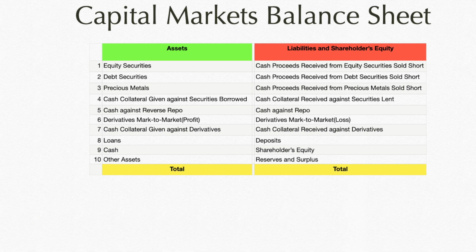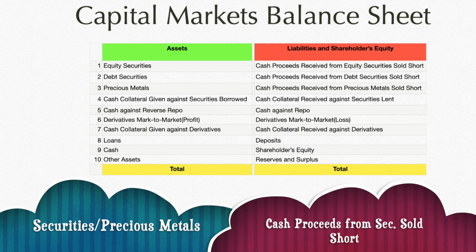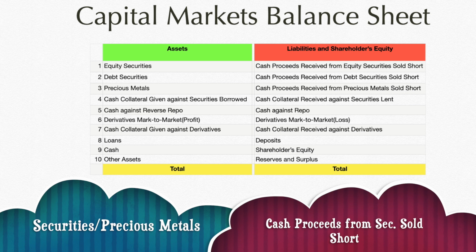Let's now talk about rows 1, 2, and 3 of the balance sheet. If the bank buys equity securities or debt securities or precious metals with the cash it has, those securities or precious metals will show up as assets on the balance sheet, and the cash will go down against these securities or precious metals.